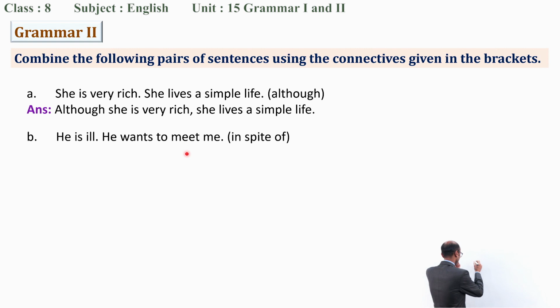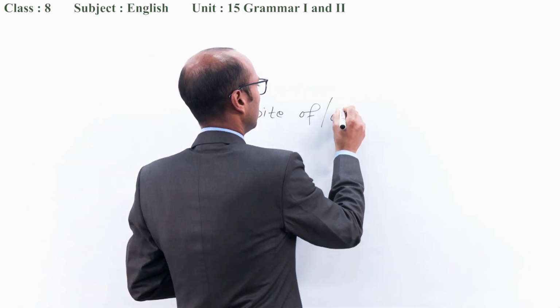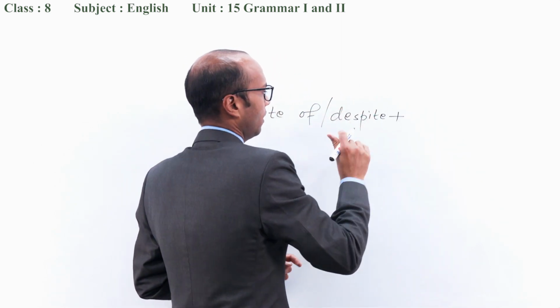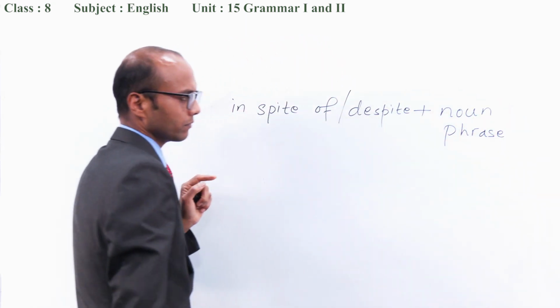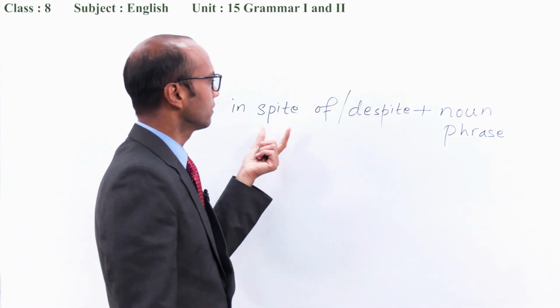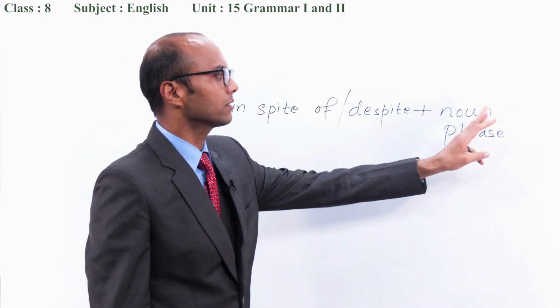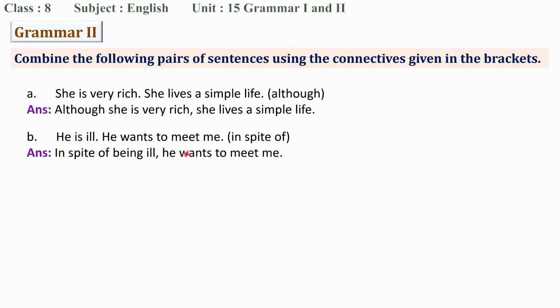Generally, you have to use a noun phrase after in spite of and despite. But with although, you can begin the sentence with a subject. So this sentence should be written as in spite of being ill, or in spite of her illness, he wants to meet me.